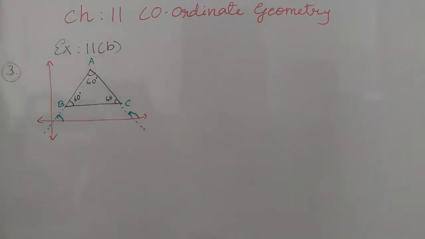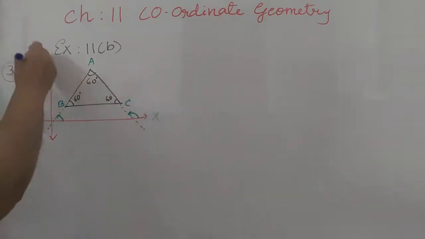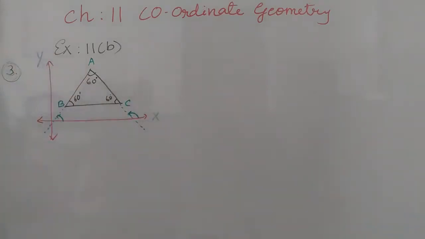Now, according to our angle, you see this BC is parallel to x-axis. This is x-axis, this is y-axis. And it is given that this triangle is parallel to x-axis. So this angle will also be of 60 degree. Okay, by parallel lines, and they are forming corresponding angles like that.